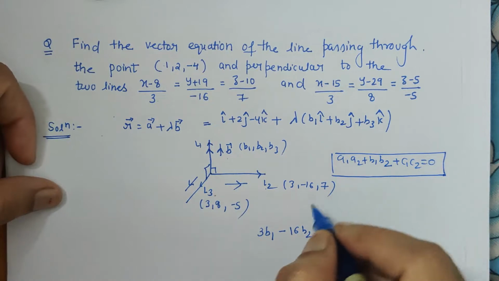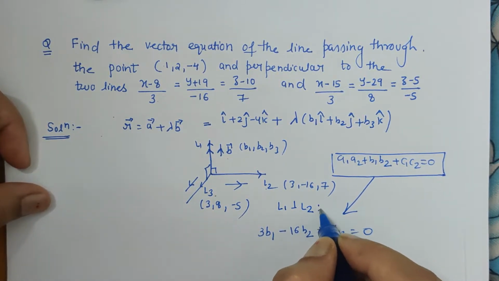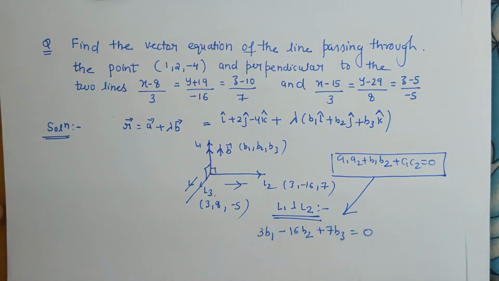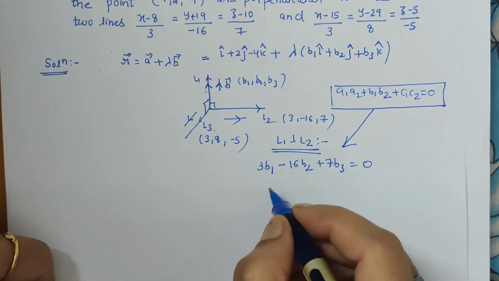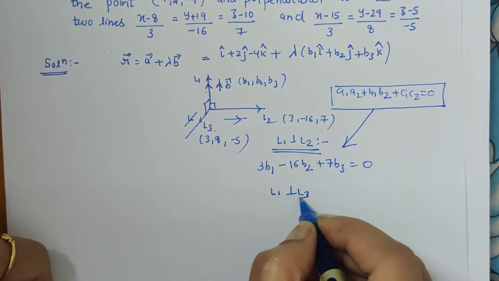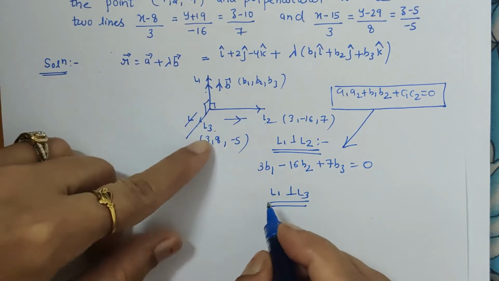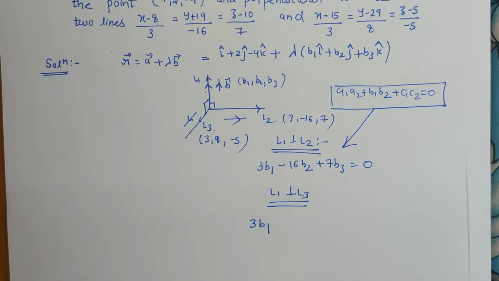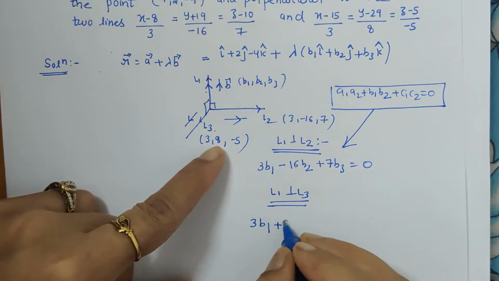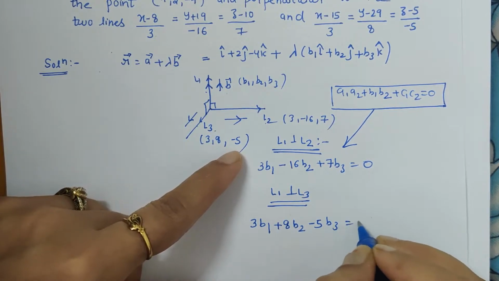So that condition is applied here. Now since L1 is also perpendicular to L3, we will have another equation: 3b1 plus 8b2 minus 5b3 equals 0.